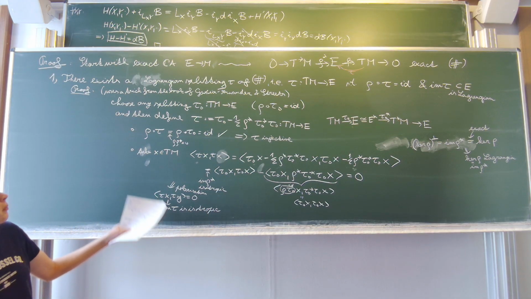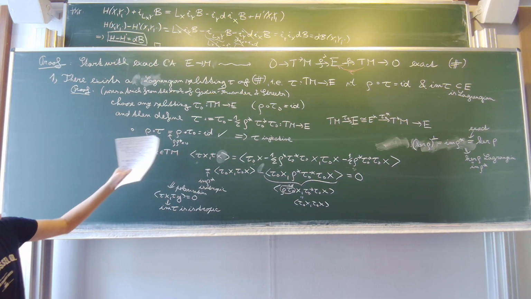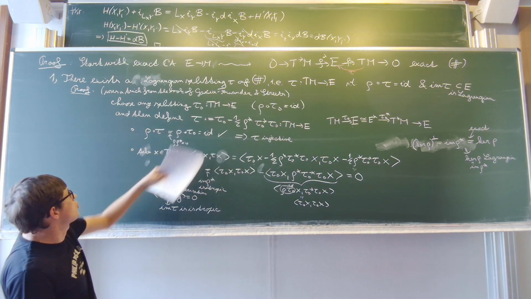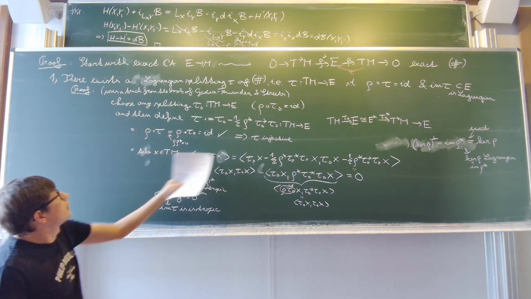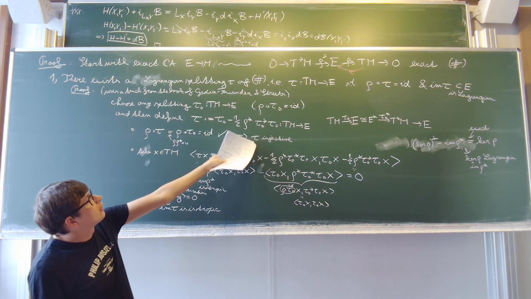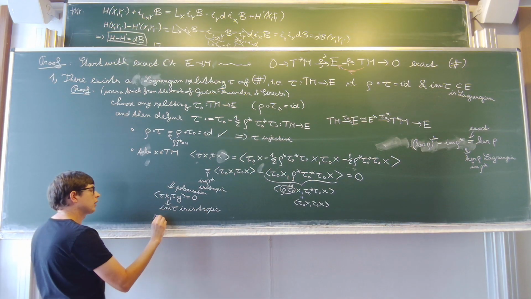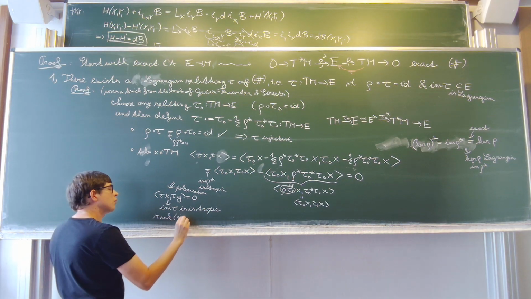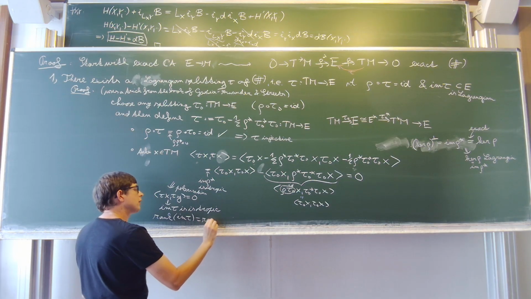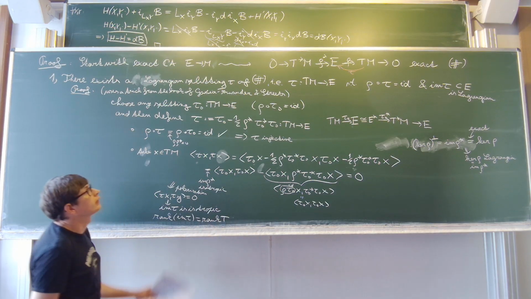But it's not just isotropic, the dimensions were also corrected so that it's actually Lagrangian, because tau was injective, so the rank of the image of tau is the same as rank T. It's the injectivity.